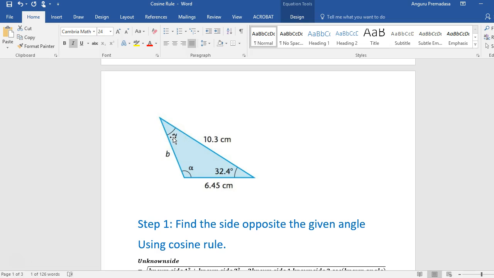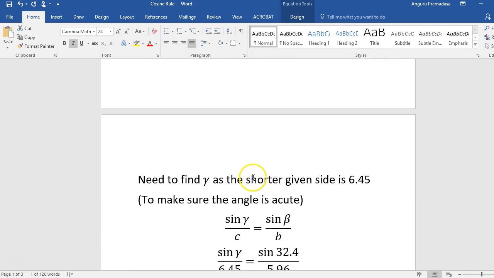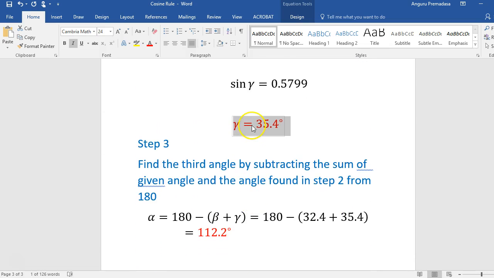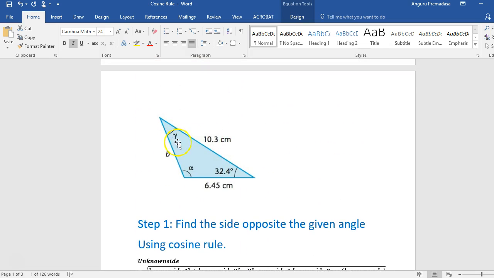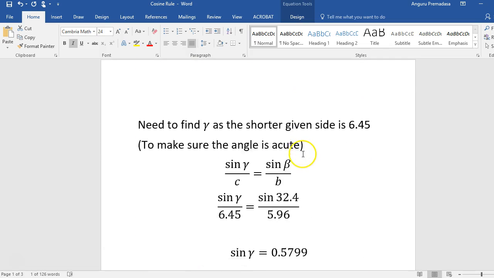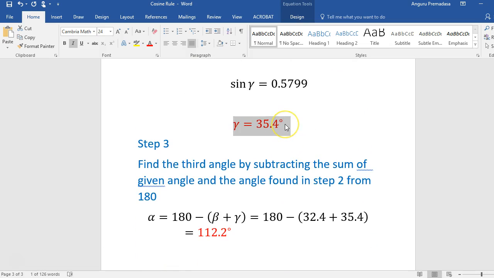It cannot be the obtuse angle. The big angle is the one opposite the 10.3, the longer side. By selecting the angle opposite the shorter side, we guaranteed it will be an acute angle. So gamma is simply what we find using a calculator, 35.4.